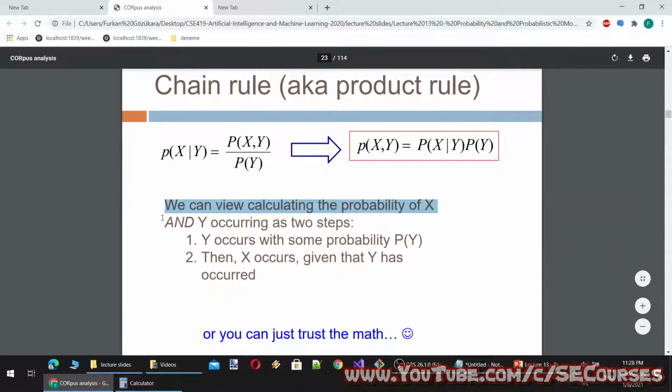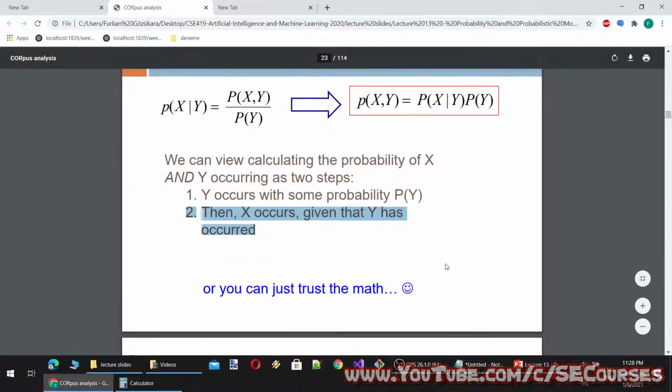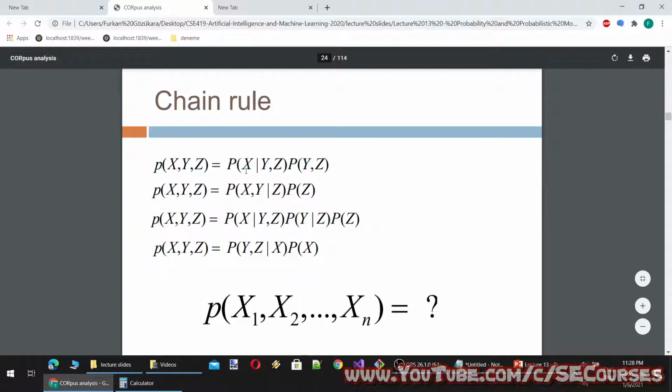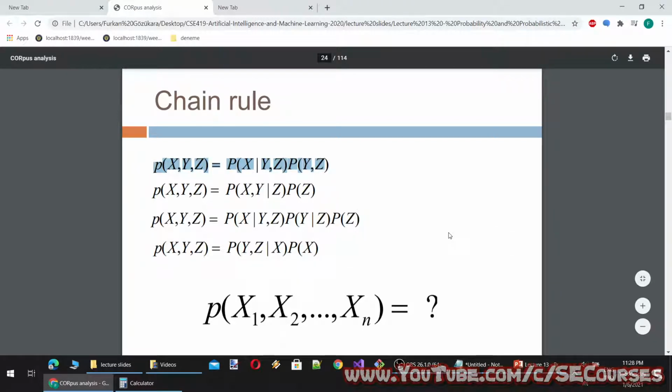We can view calculating the probability of X and Y occurring as two steps. 1. Y occurs with some probability P(Y). 2. Then X occurs, given that Y has occurred. Okay. So the chain rule is something like this. P(x,y,z) equals P(x|y,z) P(y,z).